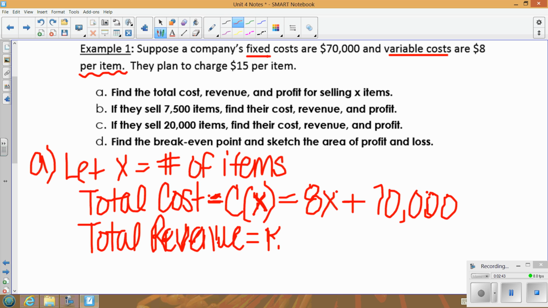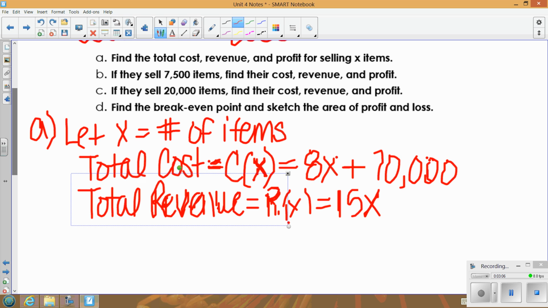So I have R of x for that. That's going to be however much money we're charging. We're charging $15 per item, so that means 15 times the number of items. Per item means times x. So 15 times x is how much money they're going to bring in.